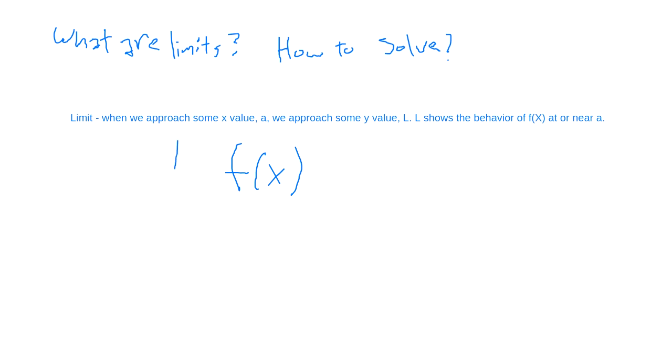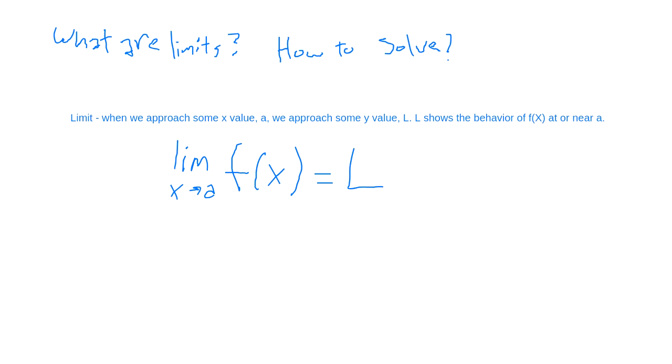We'll write it like this: the limit as x approaches a of f of x equals that value L. What this says is that as x infinitely approaches a, f of x approaches some value called L. It's important to note that we're not necessarily looking at x equals a, but at what happens when x approaches a.